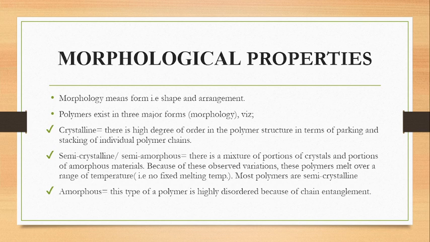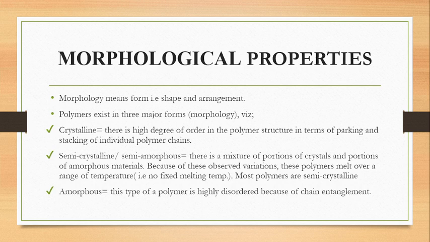So we'll see the properties for these morphologies. Semi-crystalline are the ones that have crystalline portions, meaning there is proper packing somewhere in the structure, and in another part of the structure there is no proper packing. So that is semi-crystalline. It's also called semi-amorphous, meaning it is not fully crystalline, and it is not fully amorphous.